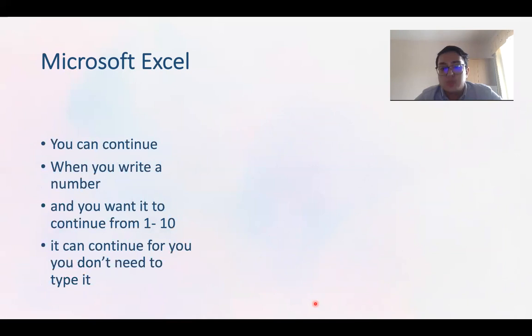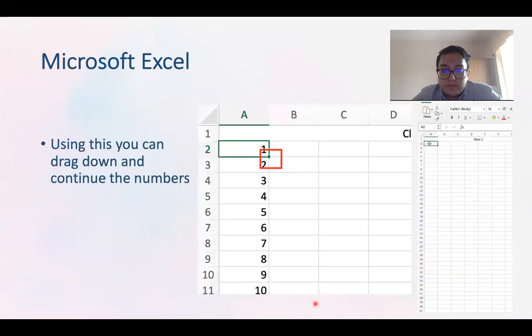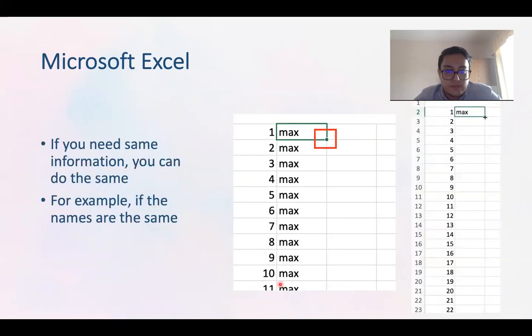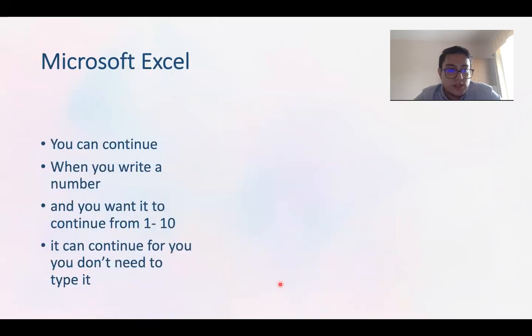So as I showed you before, all you need to do is just drag it down from here to the bottom, as much as you need. So you can just continue the number from 1 to 10, and it can continue for you, so you don't need to type everything inside it.